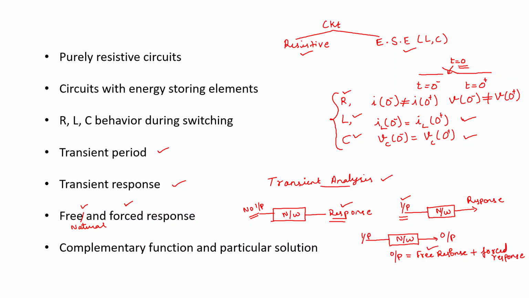Free response is because of the initially stored energy in this network. Forced response is because of the input supplied. So finally, the output of this network will be the summation of free response plus forced response.